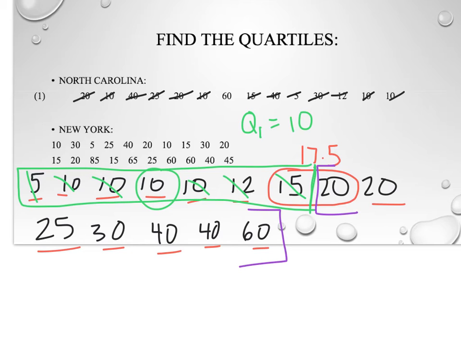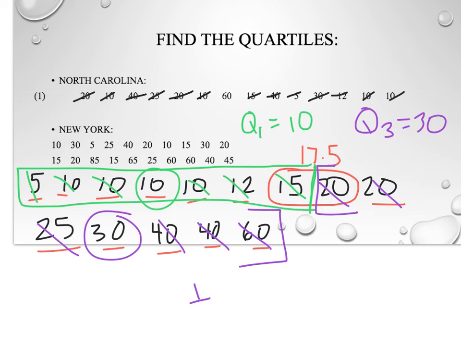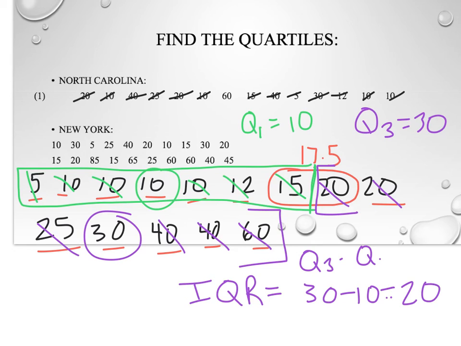So everything from that 20 and above, we cross off until we find the middle, and we'll get 30. So our Q3 is 30. Once we're there, it's really easy to find our interquartile range, our IQR. Remember, it's just Q3 minus Q1, so 30 minus 10, which means we have an interquartile range of 20.